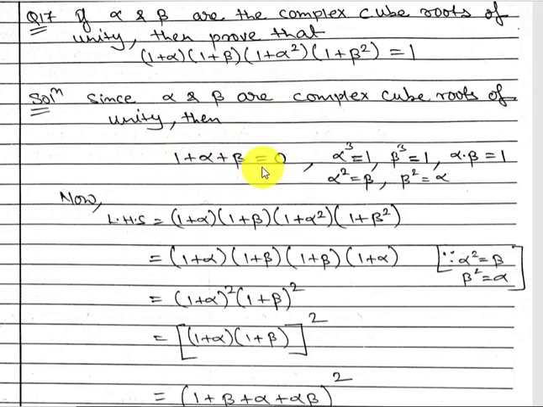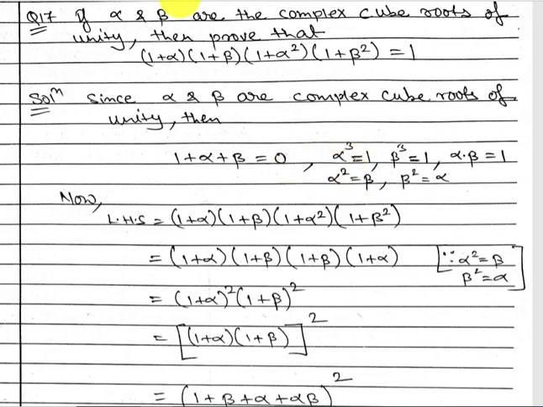Remember in the previous lecture, the cube roots of unity are 1, omega and omega square, where omega is minus 1 plus square root of 3i upon 2, and omega square is minus 1 minus square root of 3i upon 2. And there was the relation 1 plus omega plus omega square equal to 0. Here also alpha and beta are the complex cube roots, so one is omega, the other is omega square. So 1 plus alpha plus beta will be equal to 0.